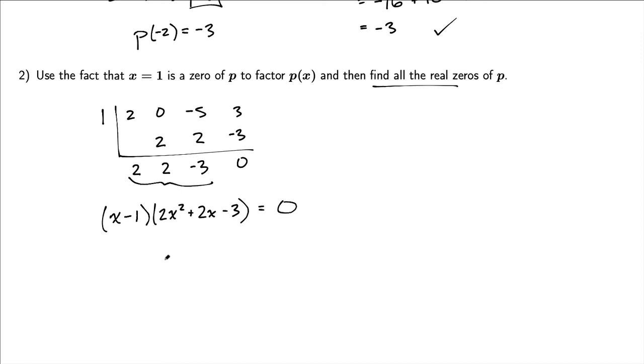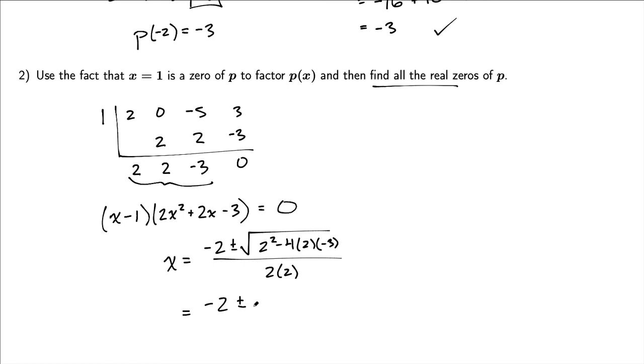We have x equals negative b plus or minus the square root of b squared minus 4ac over 2a. So we've got negative 2 plus or minus the square root. This is 4 plus 24, which is 28, over 4.